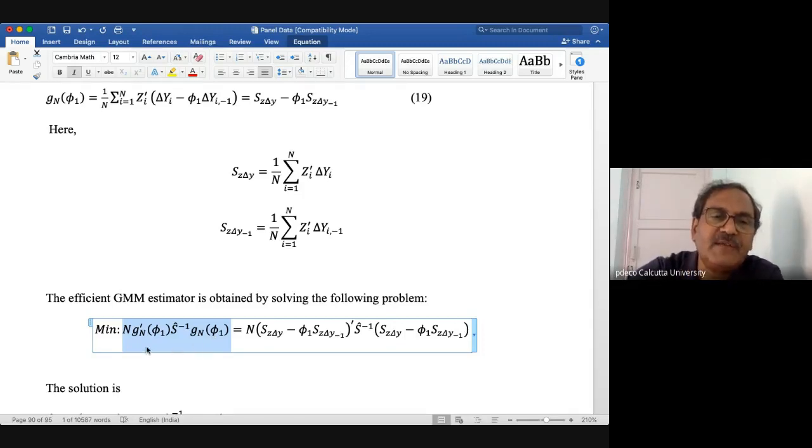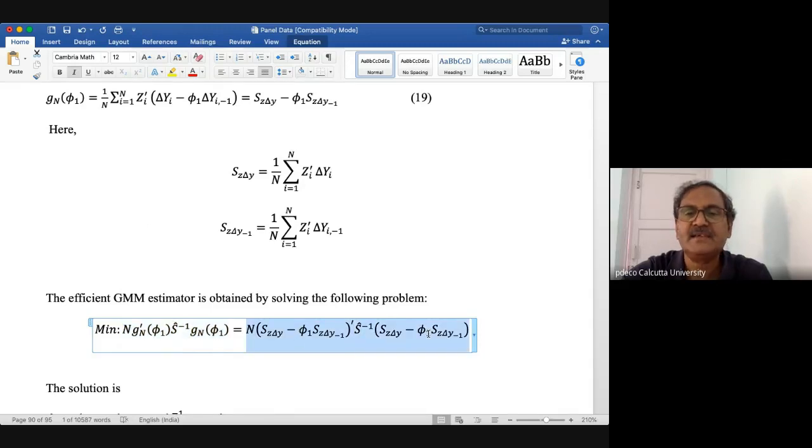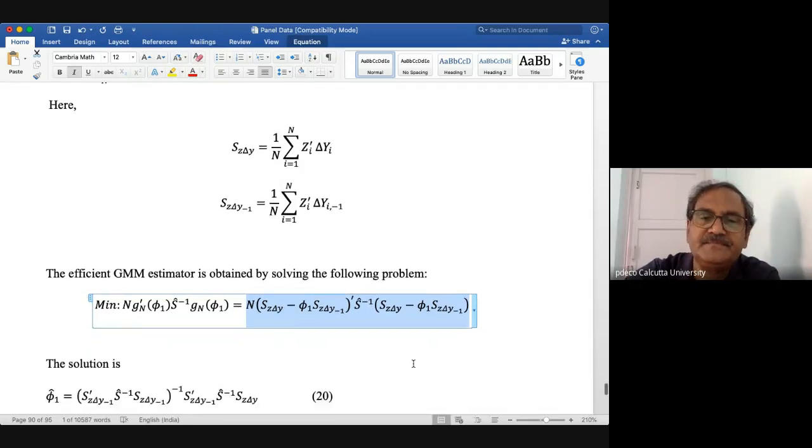And substitute the value for Gn of phi 1, you will get this expression. So we have to minimize this part to find out the value of phi 1. And this value is called the GMM estimate of phi 1.